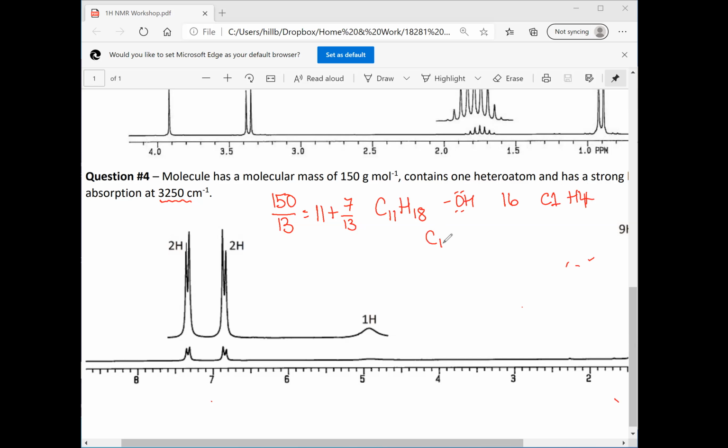So C10H14O. All right, so that will be the formula. What would be the next step?